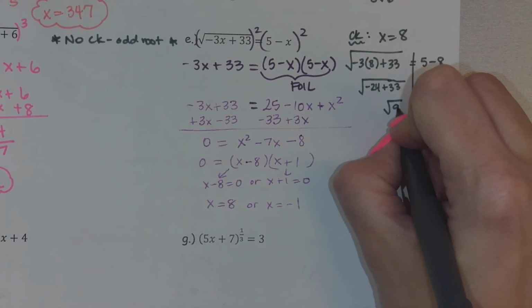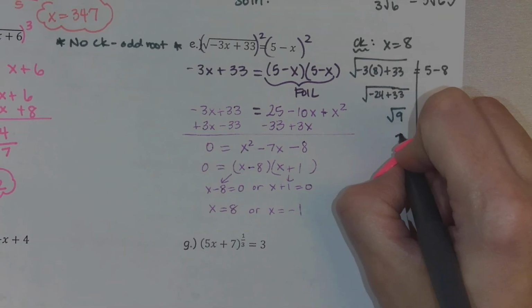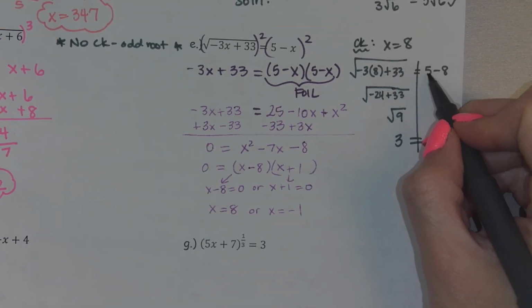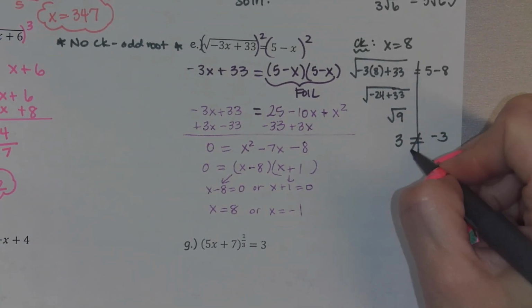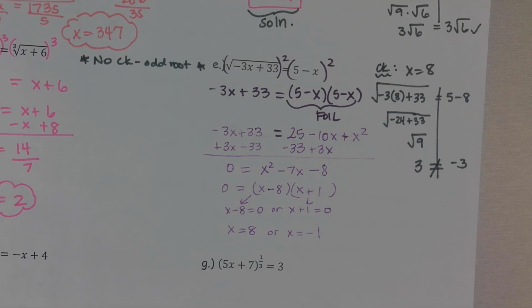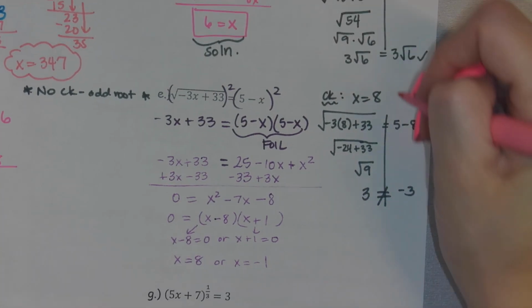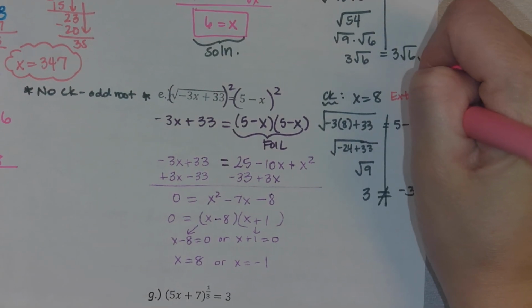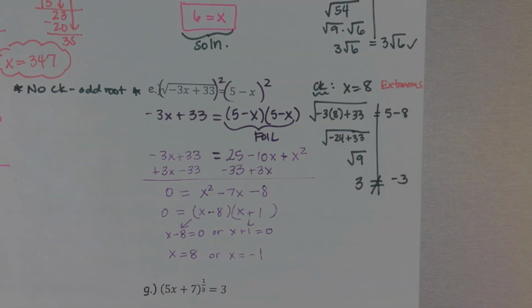So we have positive 9. The square root of that is 3. And then 5 minus 8 is negative 3. Okay, so those are not equal. That means this is an extraneous solution. That's why we're checking. So 8 is not going to be part of our final solution.